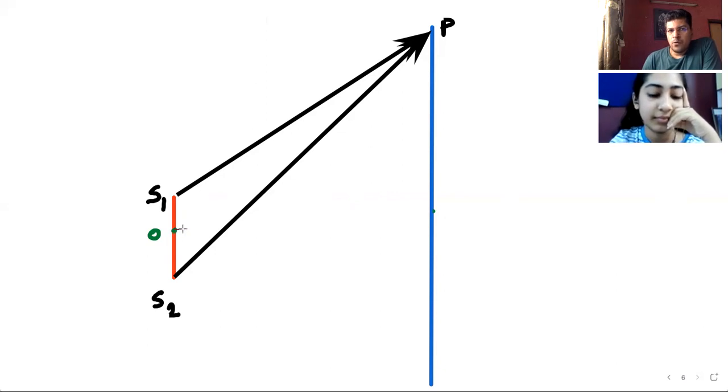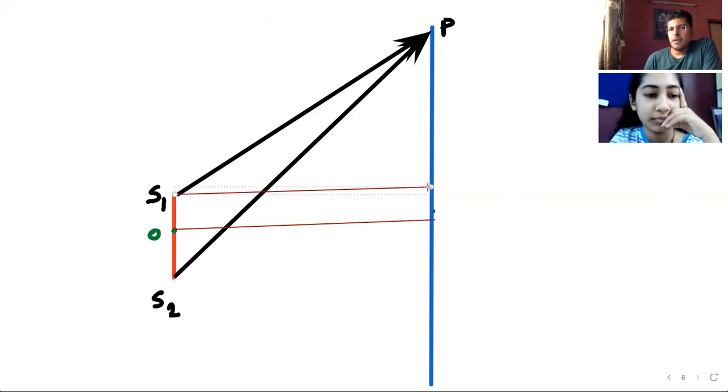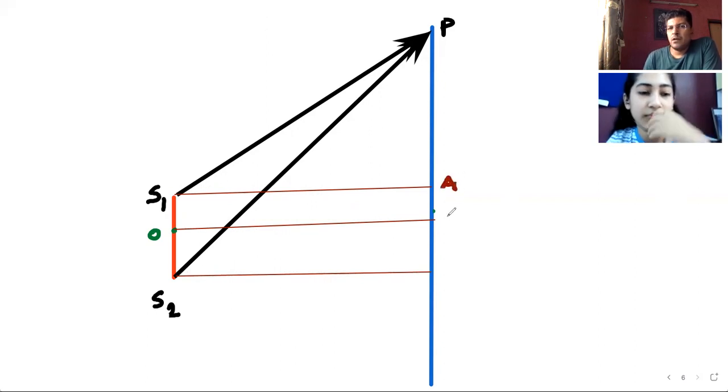So from O there is a small narrow line passing directly through the midpoint. Again, for simplicity I am drawing another midpoint perpendicular on P. Why do I need this? Because whenever we derive an expression, I will need it.